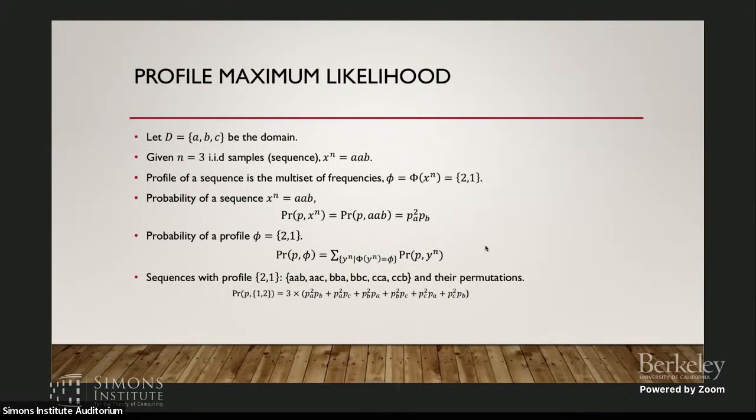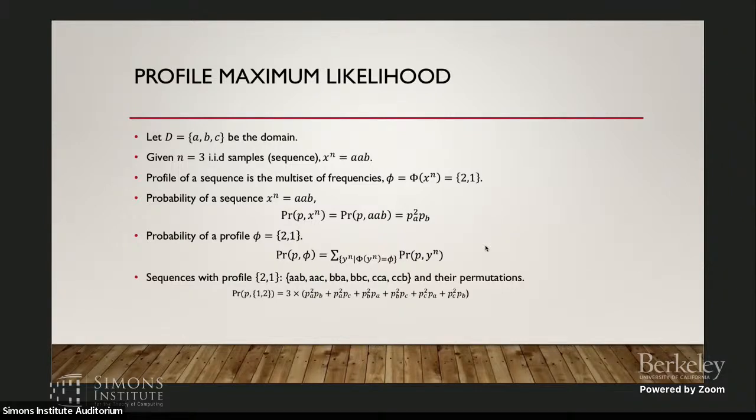Let me switch gears and define a different maximum likelihood than what you have traditionally seen. It's interesting in its own right, and later I'll tell you how it's related to the task of symmetric property estimation. Let me define this through an example. Consider a domain D with three symbols, A, B, C. Suppose you receive three IID symbols from this distribution.